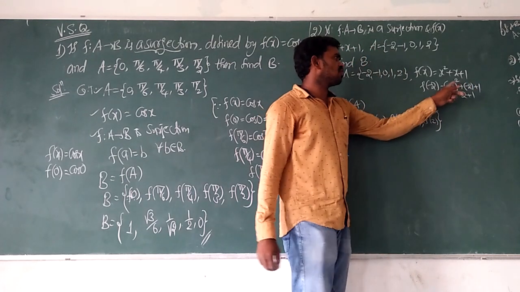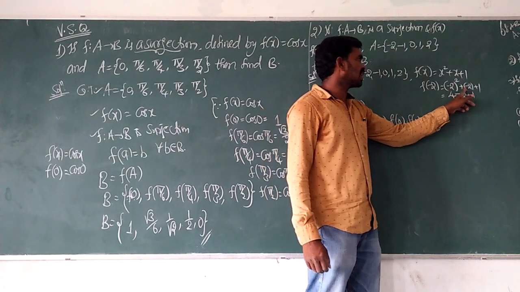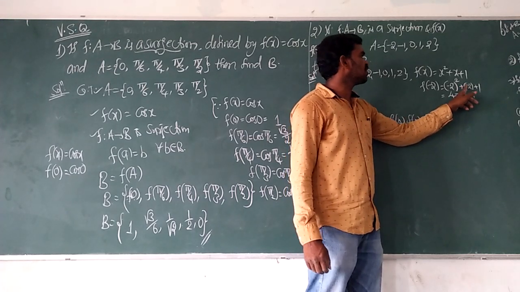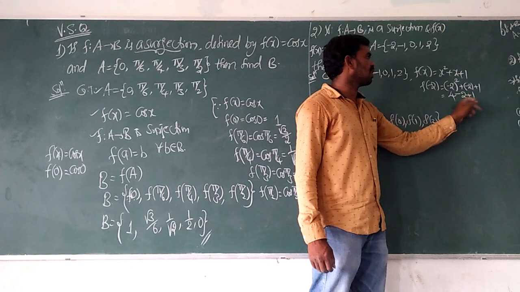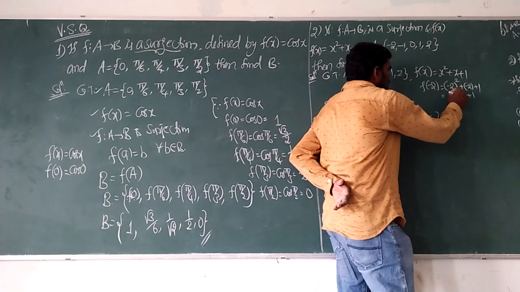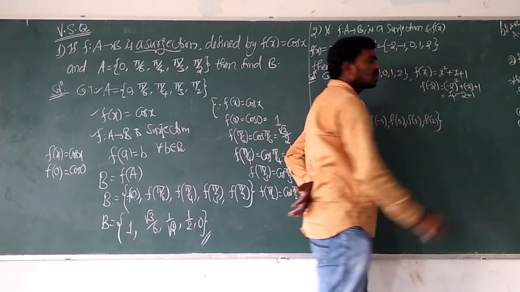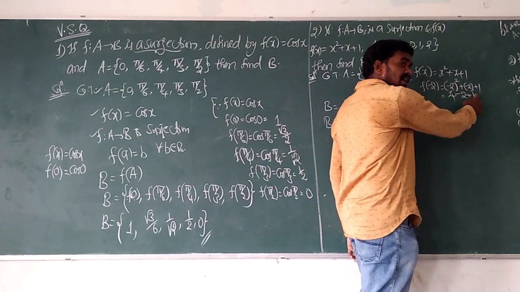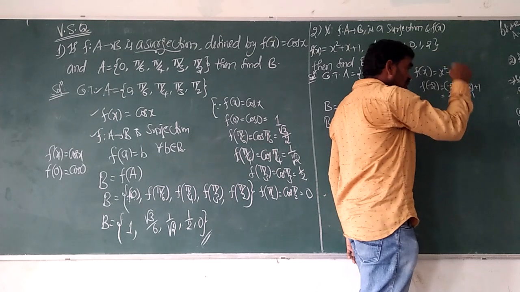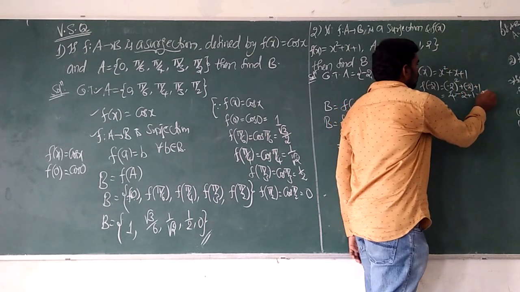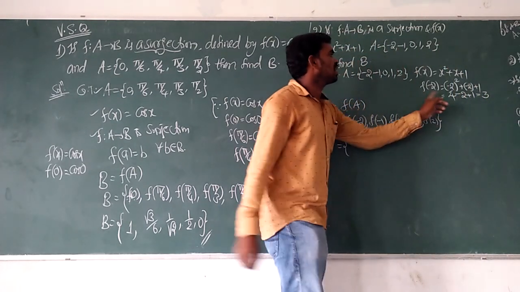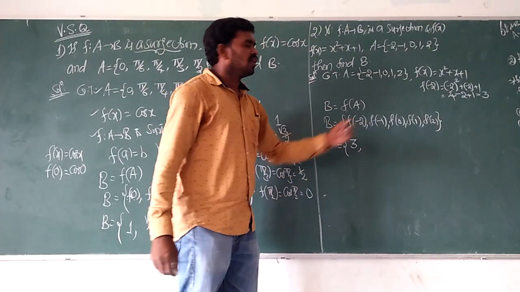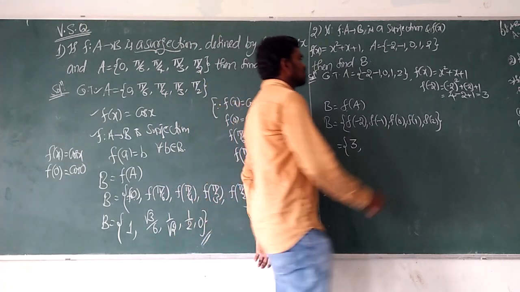Here the positive terms are plus 4 and plus 1, so total 5. And then 5 minus 2 is 3. So f of minus 2 value is 3.